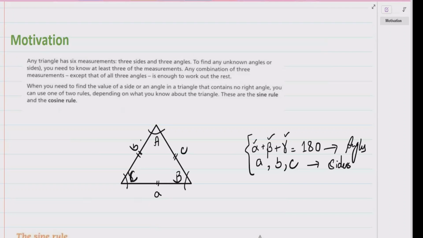Whenever we are given any three parameters, we can find the other three, right? So we have three angles and three sides, total six parameters. Given any combination of three parameters, you can find the other three.